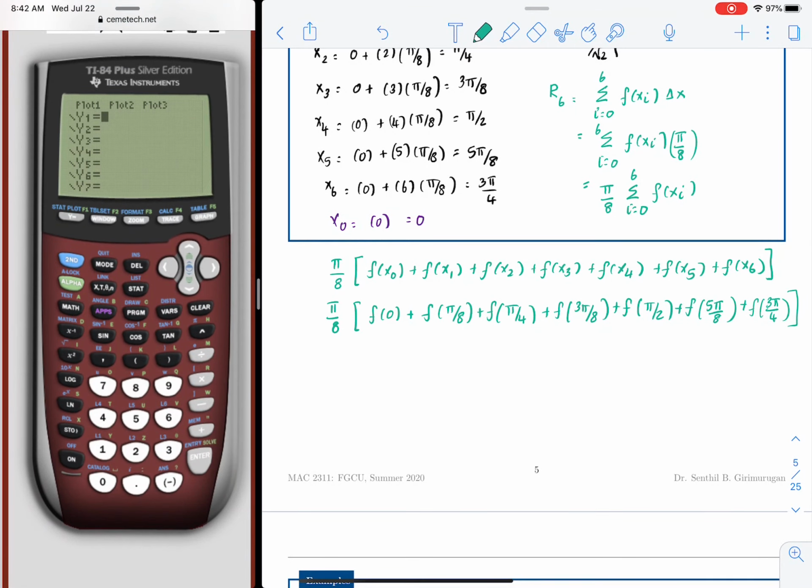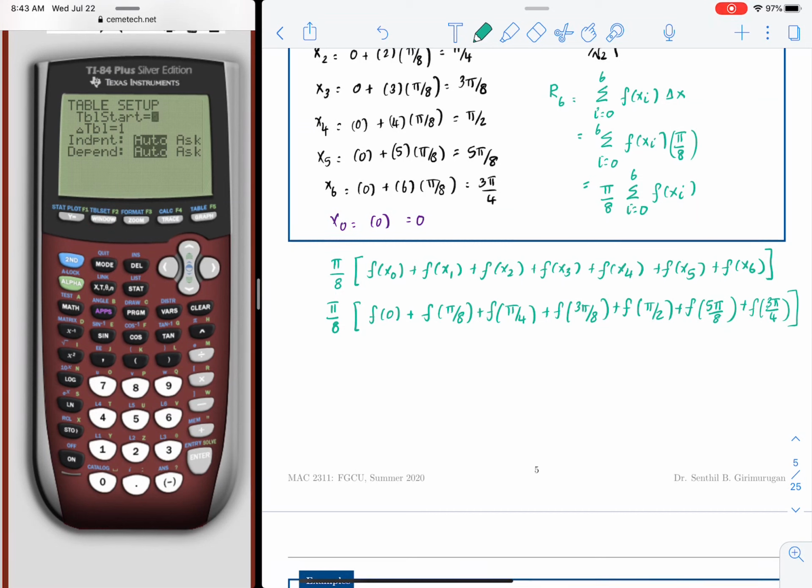So I'm going to set my function as cosine x, and I'm going to go back here to second table. I believe I didn't press table. Before we do the table, let's do table set. Second window.